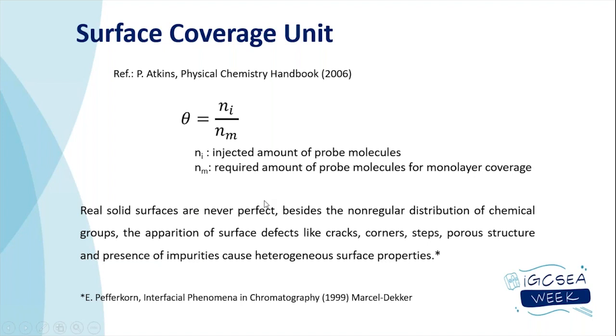This does require knowing the BET surface area of the material. I won't talk about that. I know Daryl's presentation later will touch on measuring surface area by inverse GC. But if we know the surface area of the material and the cross-sectional area of the probe molecules, then we can determine this surface coverage.